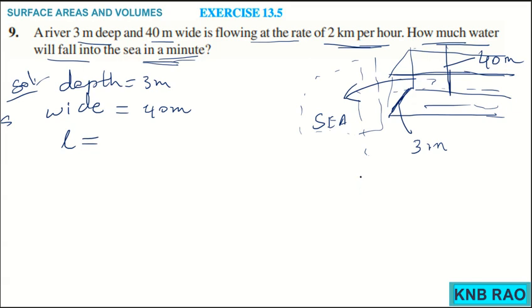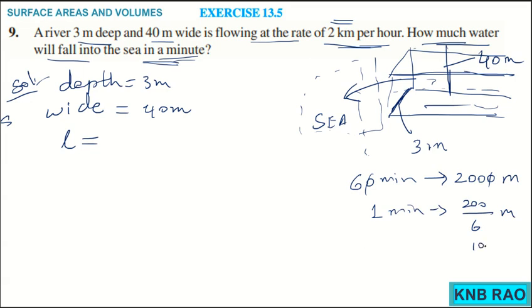So let us take 60 minutes, where 1 hour is nothing but 60 minutes. In 60 minutes it is flowing 2000 meters. Why? Because 2 km converted into meters gives you 2000 meters. If I take 1 minute, it flows 200 by 6 meters, on cancellation it gives me 100 by 3 meters. So I got 100 by 3 meters as the length.